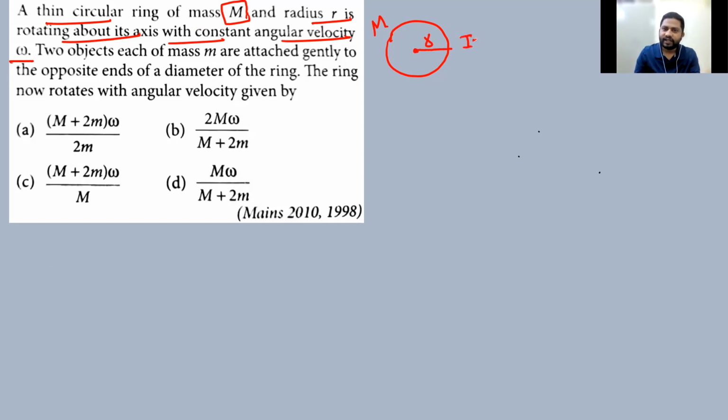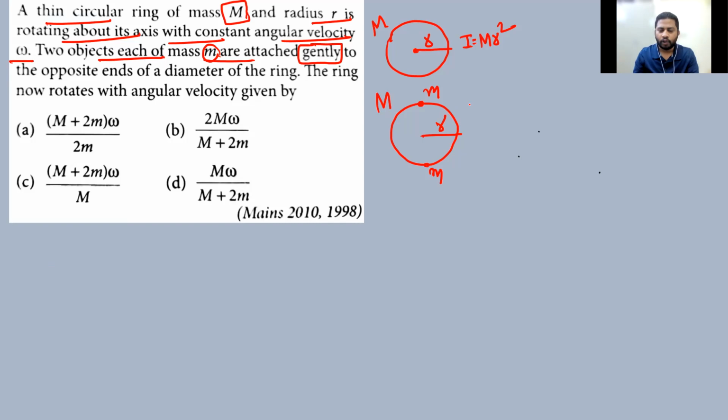So its moment of inertia is M r square. Two objects, each of mass small m, are attached gently to the opposite ends of the diameter of the ring. Okay, the same ring, two small masses are attached gently, without any further force acting on this rotation. And here also the radius will not change, and the mass of the ring also will not change.